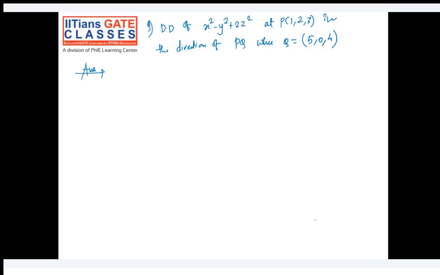Solve this question. Options are 9 by root 14, 18 by root 14, 16 by root 14, and option D is 12 by root 14.